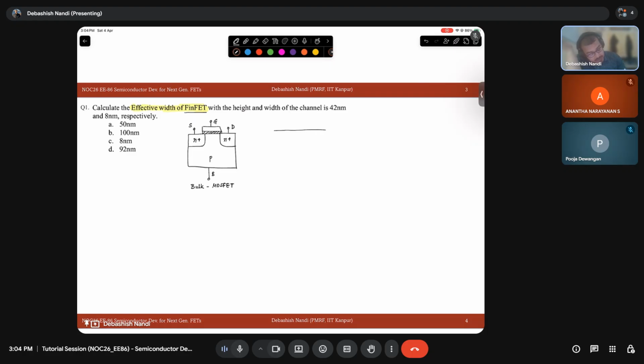Then we also studied another structure. There we have source drain, and below that we have buried oxide. This is my substrate. This is, let's say, p-type body. I'll have gate oxide. This is drain.